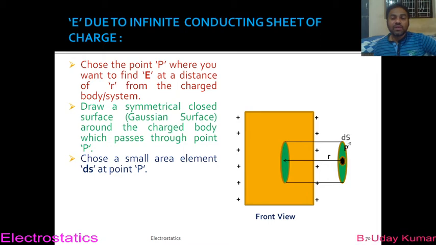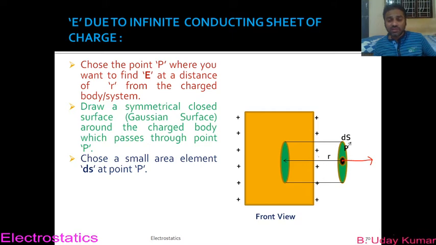Then what is our next step? You have to draw the directions of electric field intensity and ds. So this is the cylinder, it will be like this. You know that the electric lines of force at point P are directed outwards. This is the point P where I am finding it.